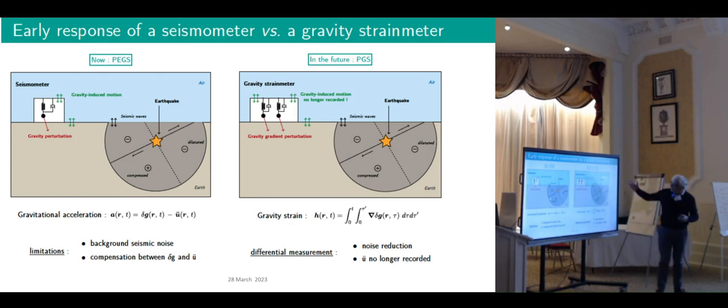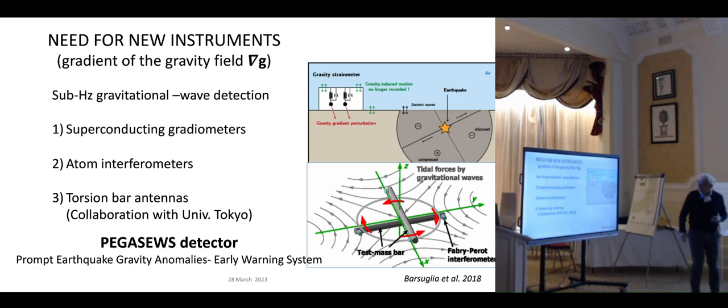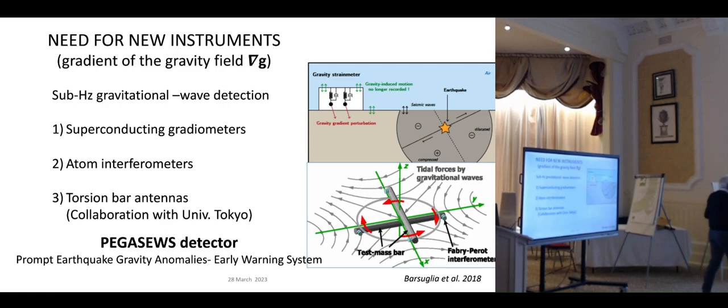It's a simple idea, and we try to look at different kinds of instruments, because of course we want to work at long period for seismology, I mean at periods longer than 10 seconds, because we want to get rid of the microseismic noise. That's the reason why we have to work at long period.